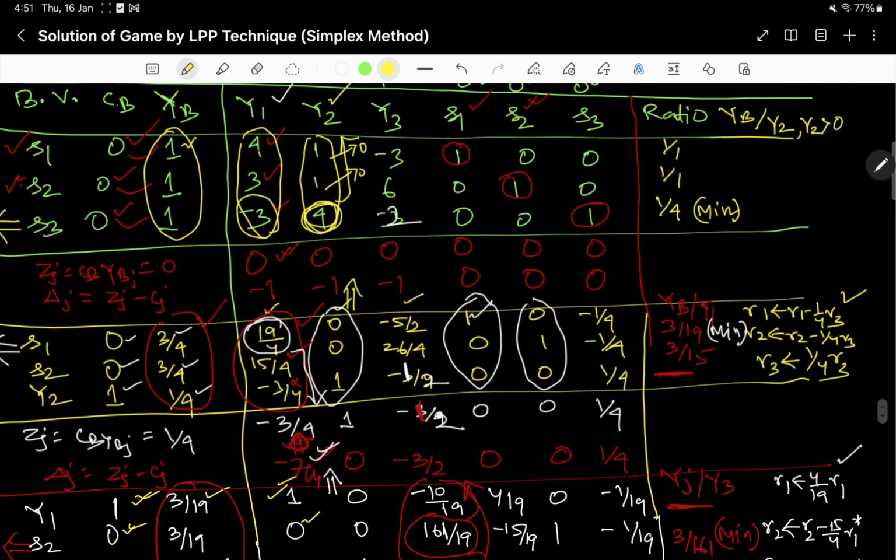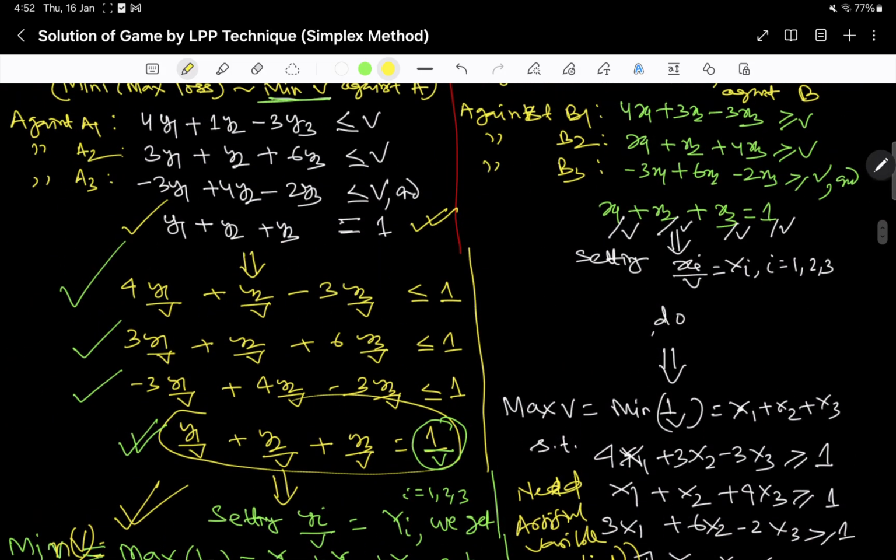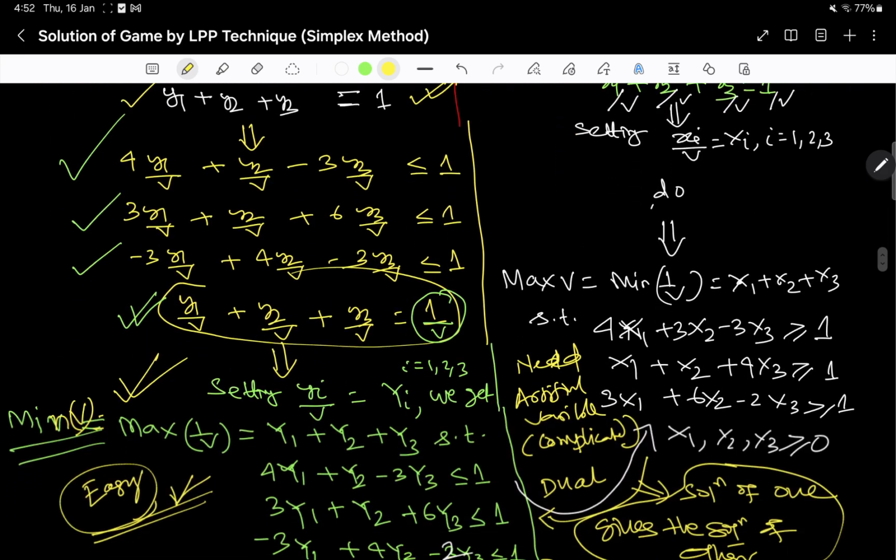Okay, but I need your small y1. What is your small y1?